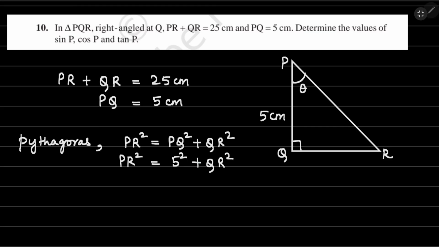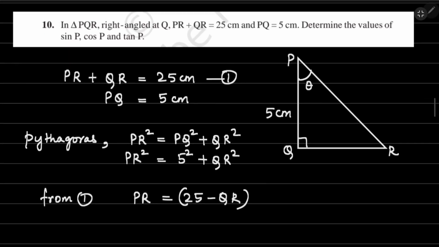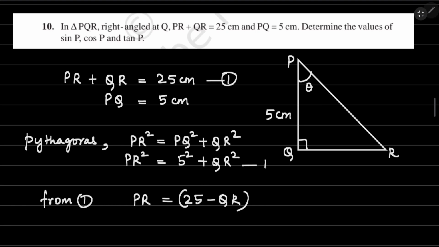Now in place of PR, from equation 1, I can write PR is equal to 25 minus QR. Let this be equation 2 and PR in terms of QR be equation 3.